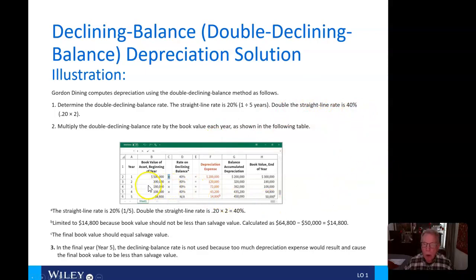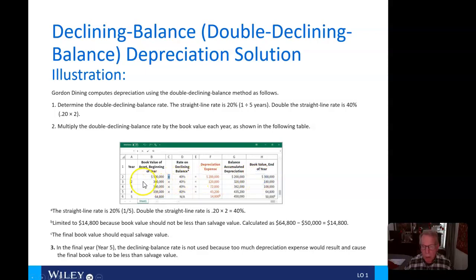Now we'll start not with the depreciable base, but with the asset's acquisition cost of $500,000 multiplied by 40%. That gives us our depreciation expense. When we subtract that, this is our first accumulated depreciation. We're going to subtract that from 500,000 to get to book value at the end of the year.